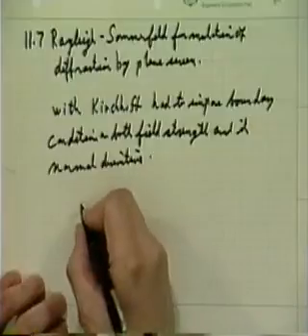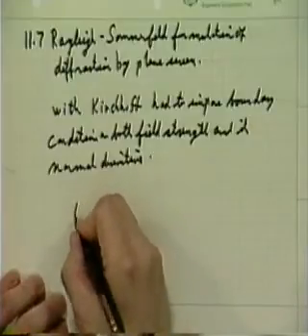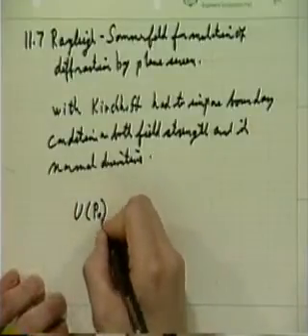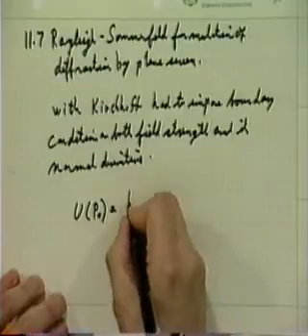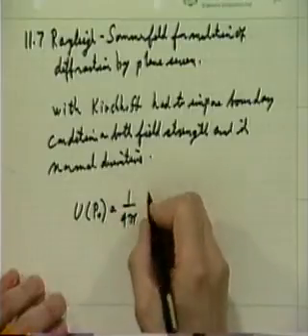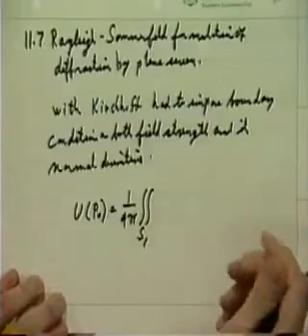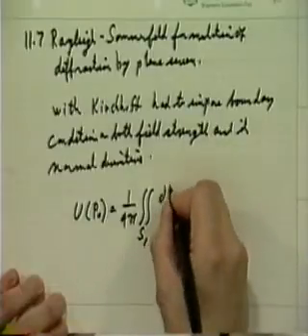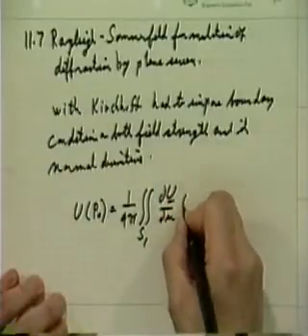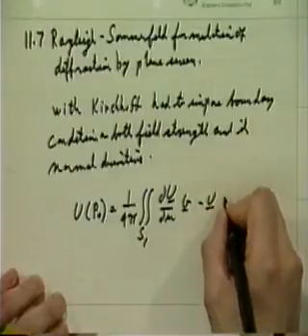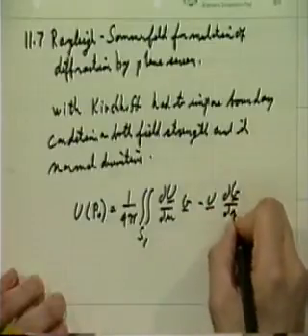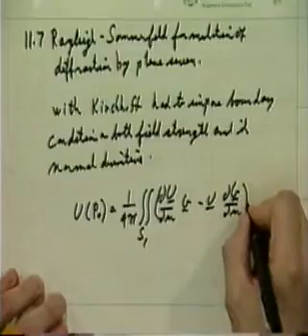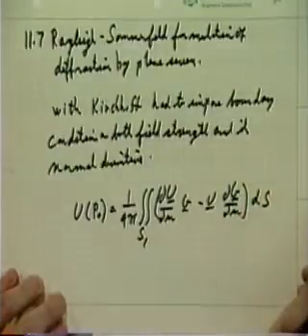So just going back here, writing down our equation that we're working with. We had this integral over S1 of partial of u with respect to n times g minus u partial of g with respect to n ds.